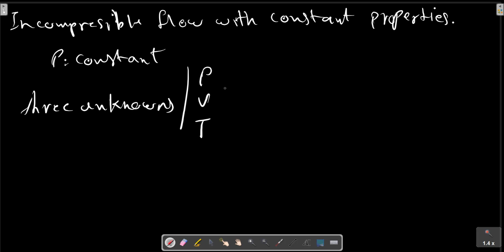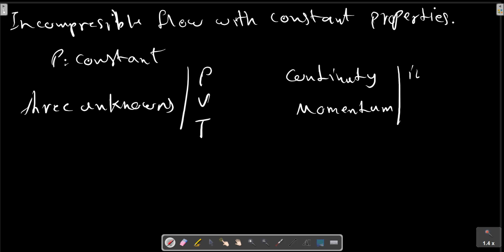Not only that, the system is split apart. Continuity and momentum are independent of T. Thus, continuity and momentum are independent of T.